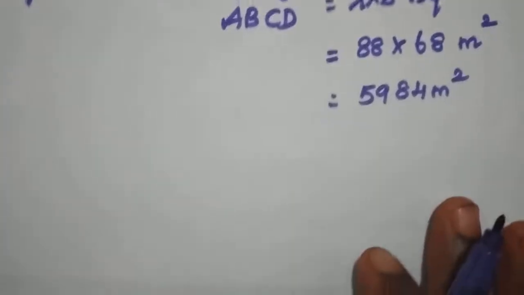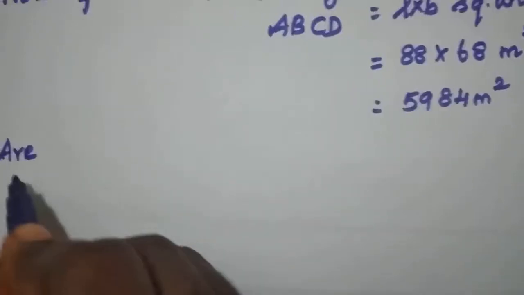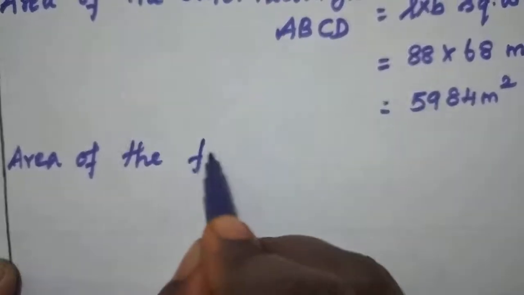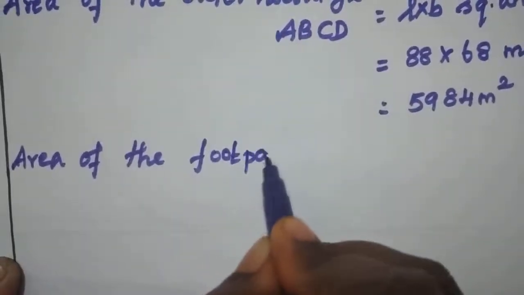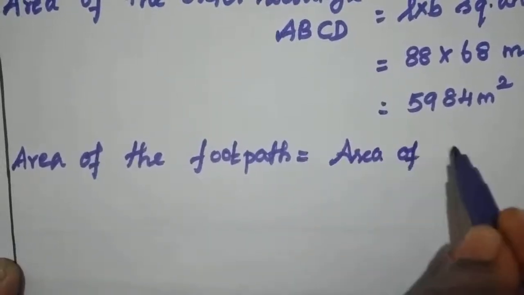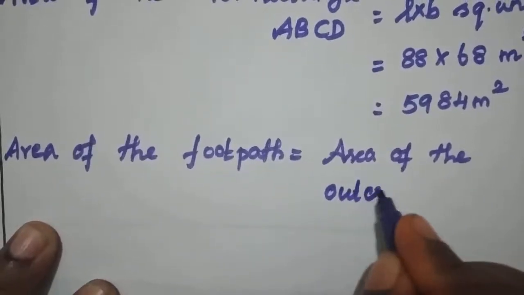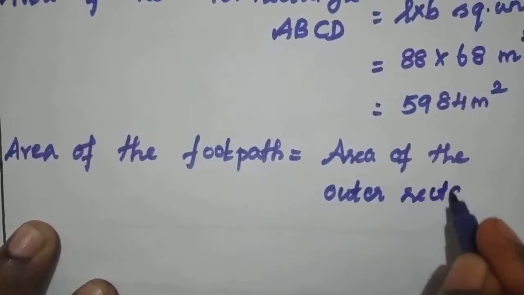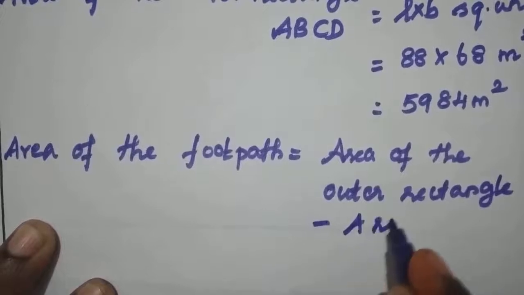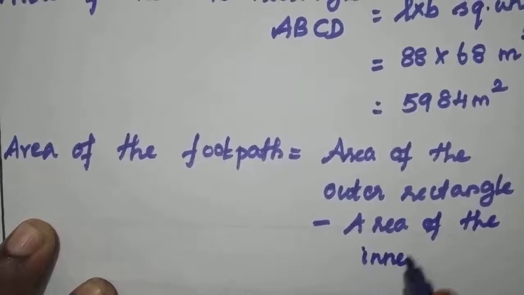Now we have to calculate the area of the footpath. What is the formula to calculate the area of the footpath? Yes, area of the footpath is equal to area of the outer rectangle minus area of the inner rectangle.